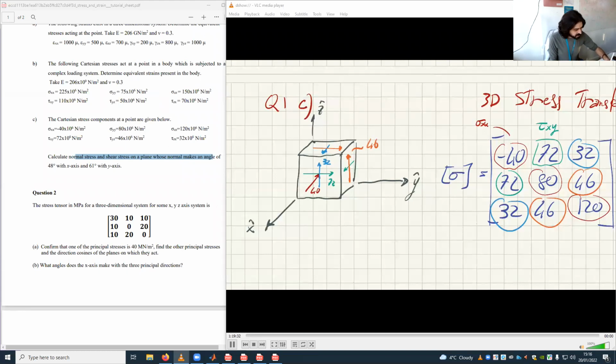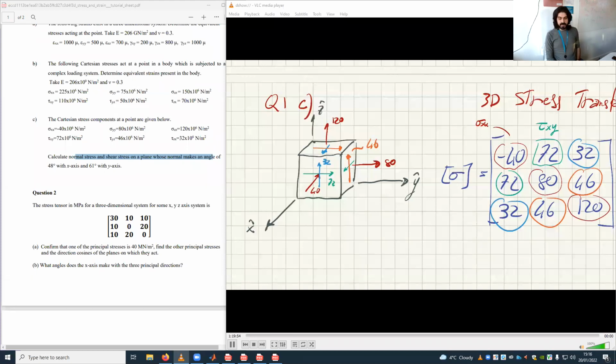I'm only left with the 80 sigma y and the 120 sigma z. So this is the state of stress that I'm looking at. Do you agree with me?